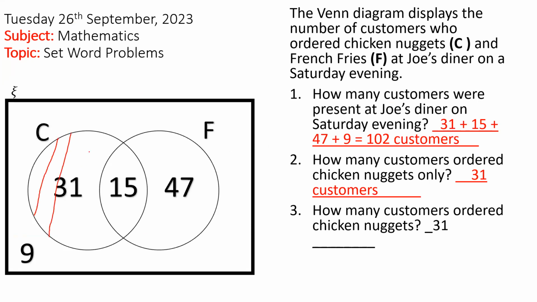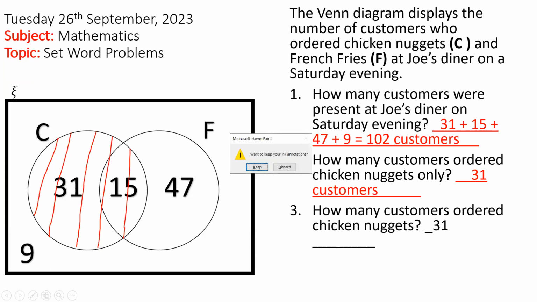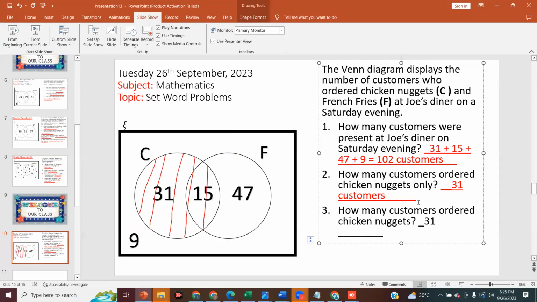So whether you add it with fries or without fries, we want it. Be very careful with that word only. If they say only, they only want the 31. If they just say chicken nuggets, then they want the 31 plus the 15. Just like how we had set A yesterday, they want all of set C.